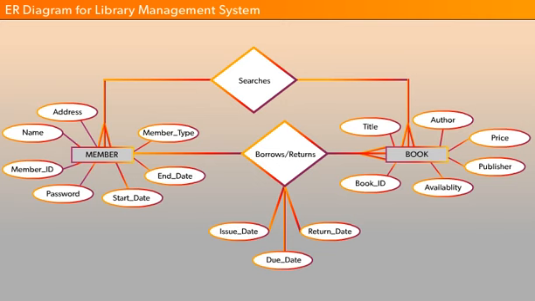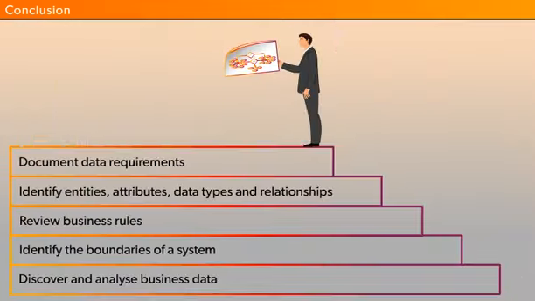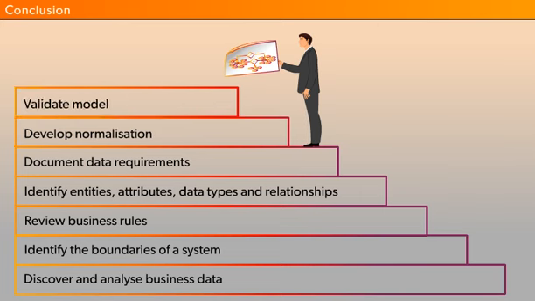Hence, a crow's foot is drawn on the lines of both the entity sets that connect to the relationship set. Thus, the database analyst communicates the design to the stakeholders using the ER diagram for library management system. This ER diagram is taken for further activities involved in the database designing process.